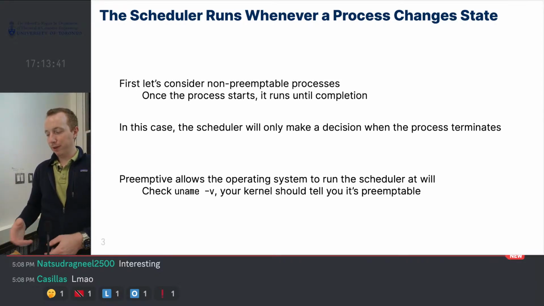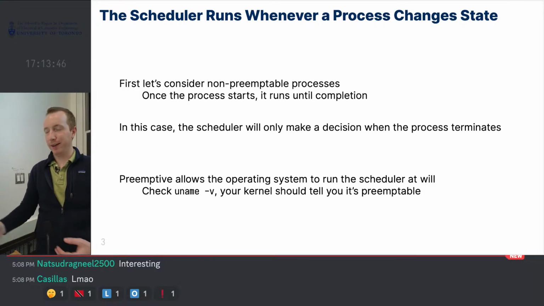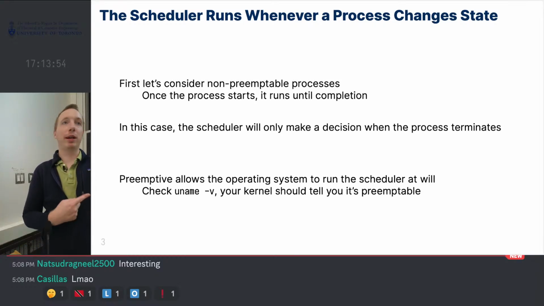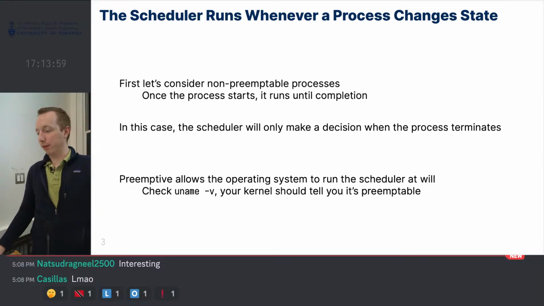If you've ever run uname -v, it will tell you the date your kernel was built and its options. One of the options it will show you is preempt. So now you know what preempt means. It means it's a preemptible kernel. It can interrupt processes at any given time.